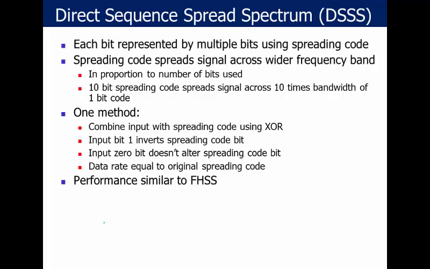Now, direct sequence spread spectrum. Each bit of data can be represented in multiple bits of the carried signal. A spreading code spreads the signal across a wider frequency band.